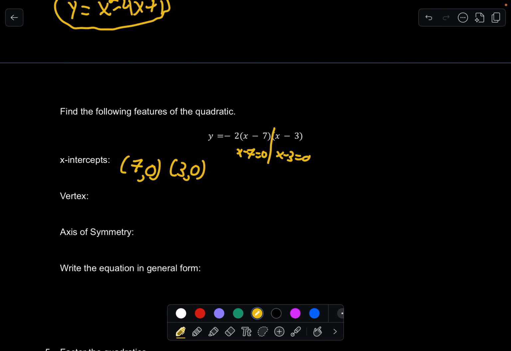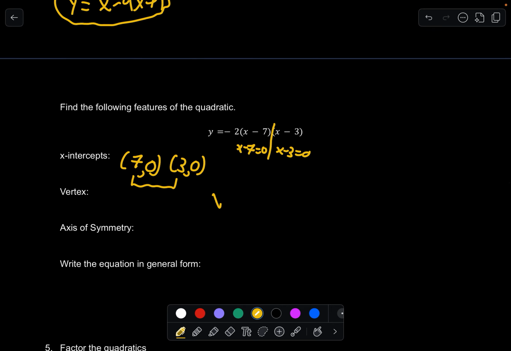The vertex, to find it, you found the two zeros, so you find the average of those two. So the vertex occurs at x equals (7 plus 3) divided by 2, which is 10 divided by 2, which is 5. So we know the vertex is going to be at x equals 5. That's the axis of symmetry, x equals 5.